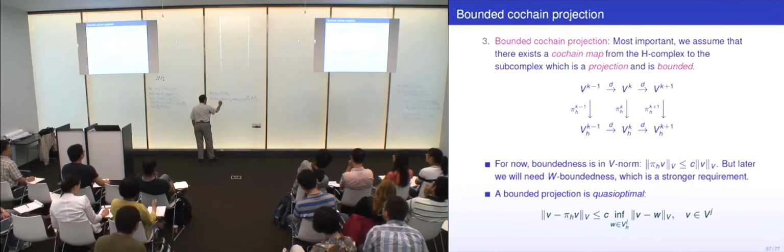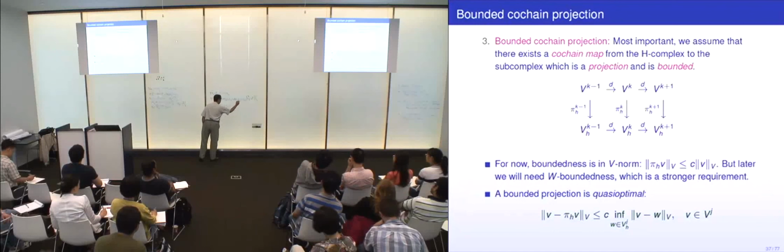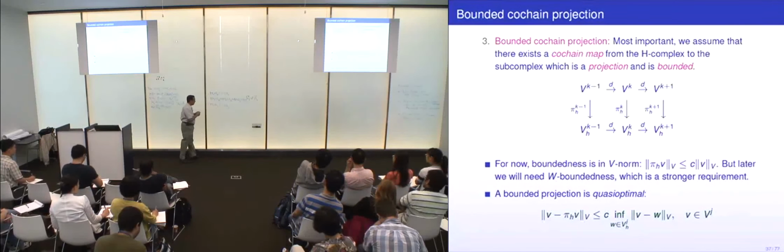And if we put these two together, we get that pi_h v in the V norm is less than a constant times v in the V norm. So this implies this.